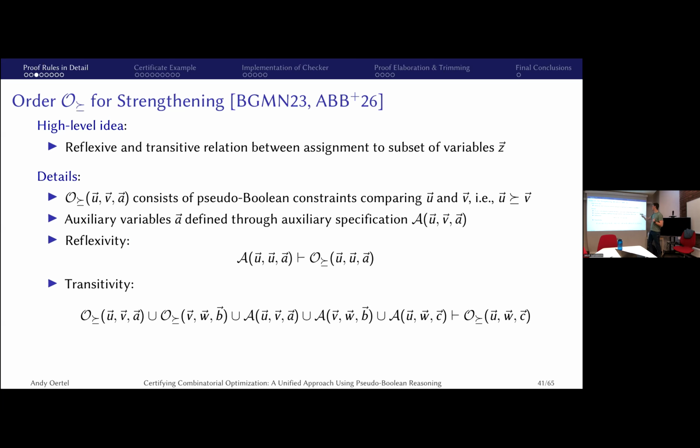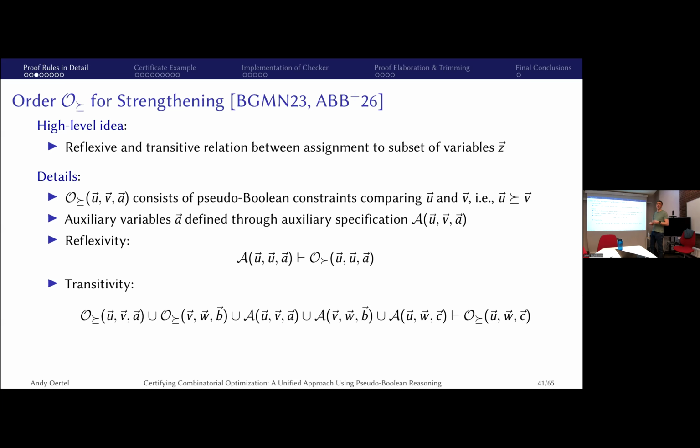I told you that we recently introduced auxiliary variables, which we presented at AAAI. These are these variables A, and for them we give an auxiliary specification, which I call A here, which basically defines these variables.